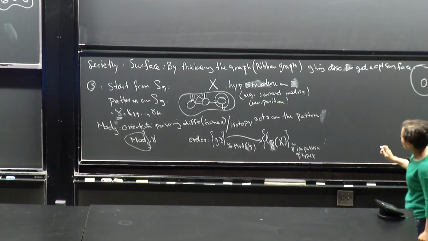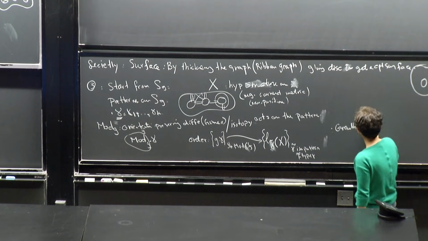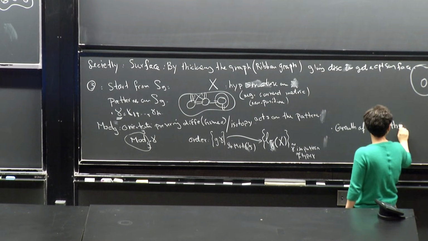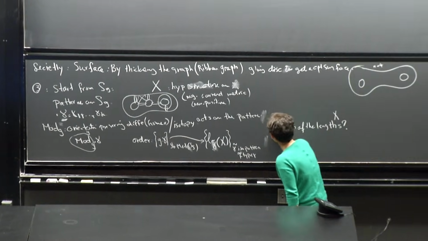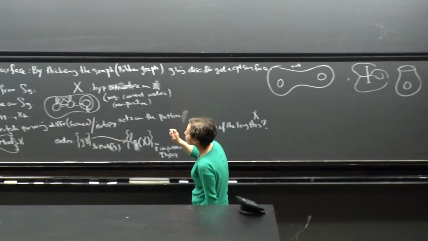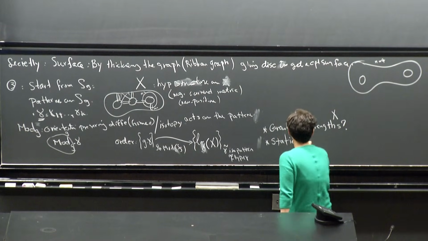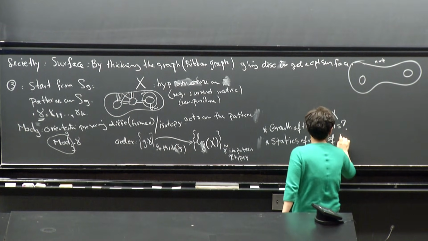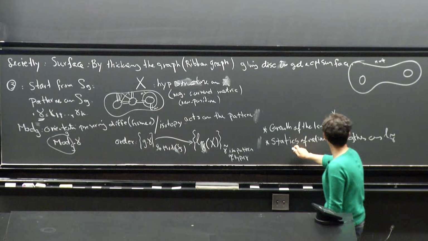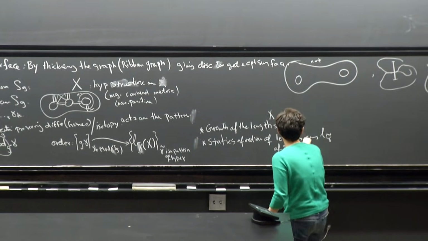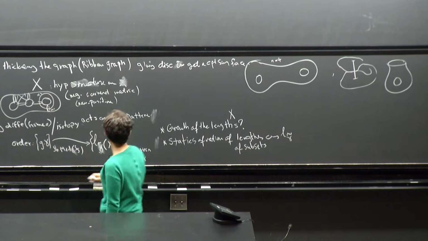And the type of questions are, first of all, maybe the growth of the lengths, or how it depends on X, or even more complicated, if you have, for example, two curves, alpha 1, alpha 2 in gamma, the statistics of the ratios of lengths of subsets, as the length of the big guy, which is the union of all of them, tends to infinity.